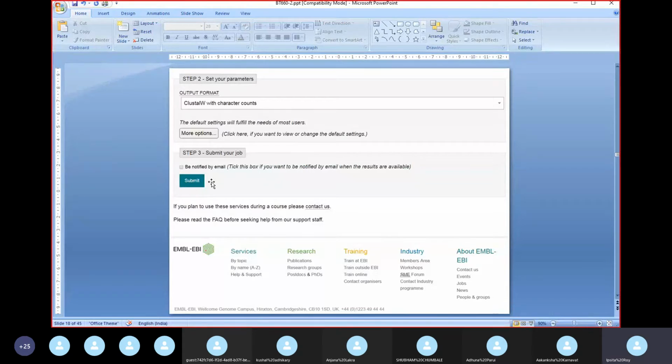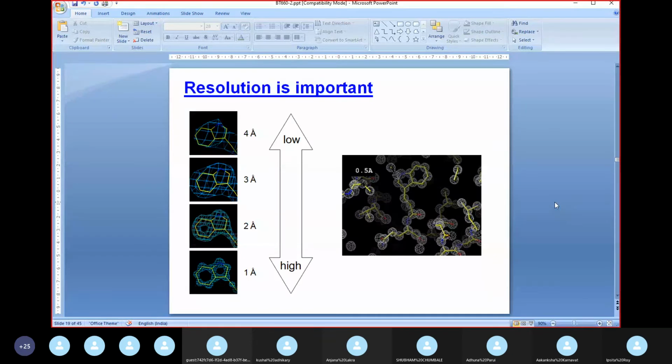So once you submit, it will give out the other sequences with which your sequence aligns correctly. Now, what is important is this is not theoretical, this is experimental.